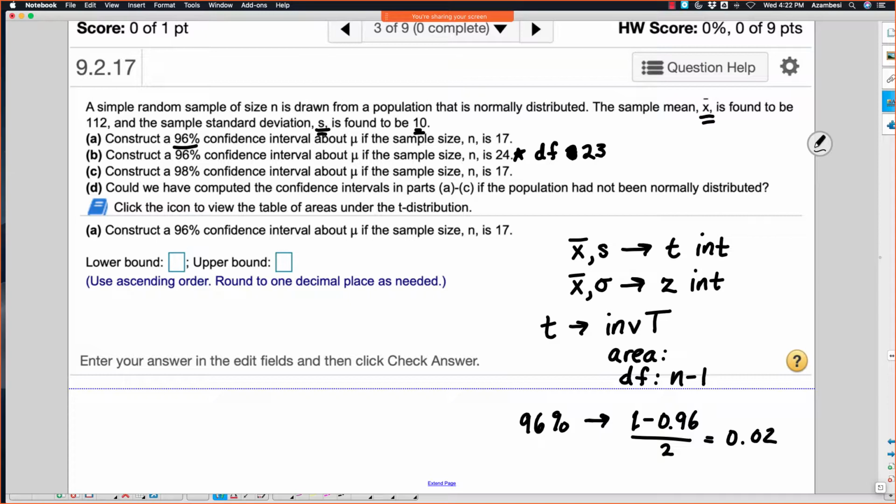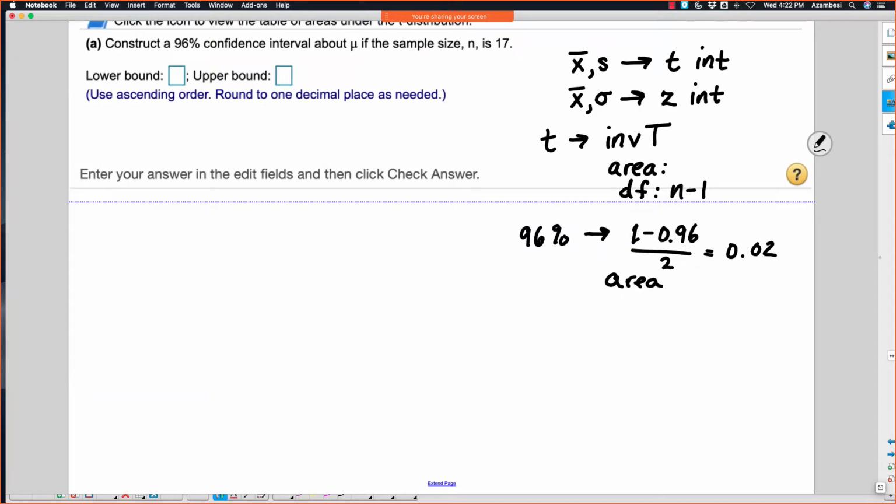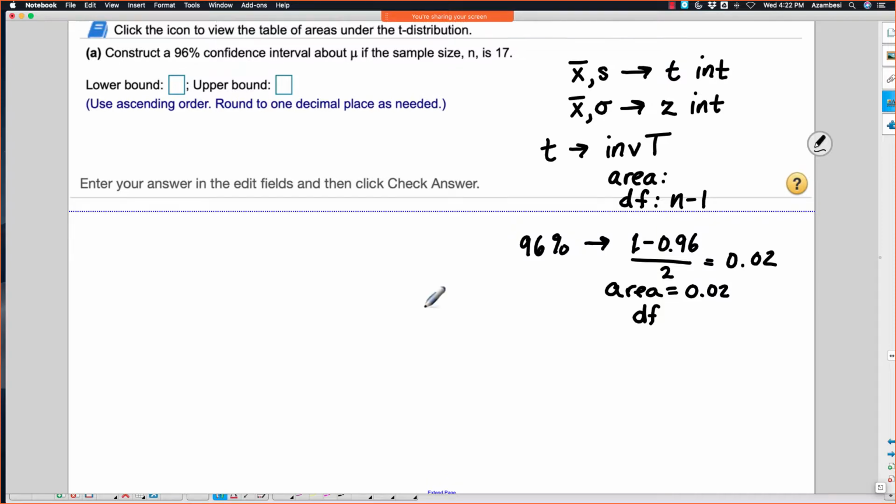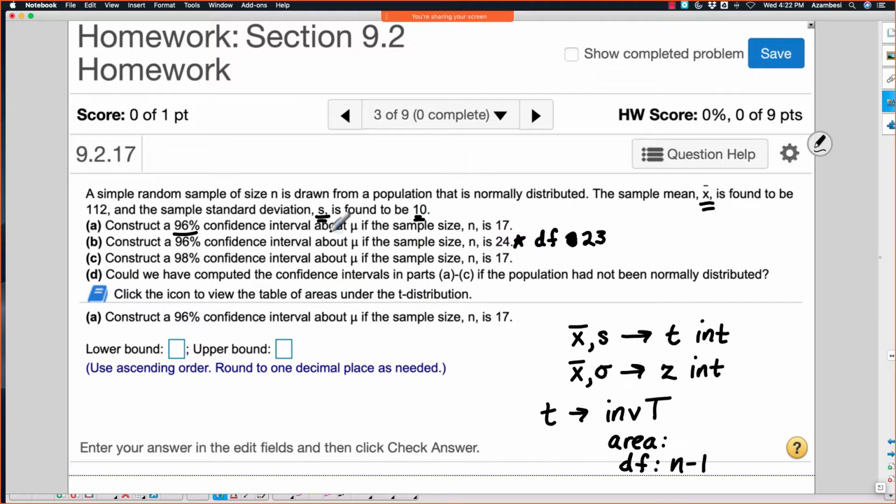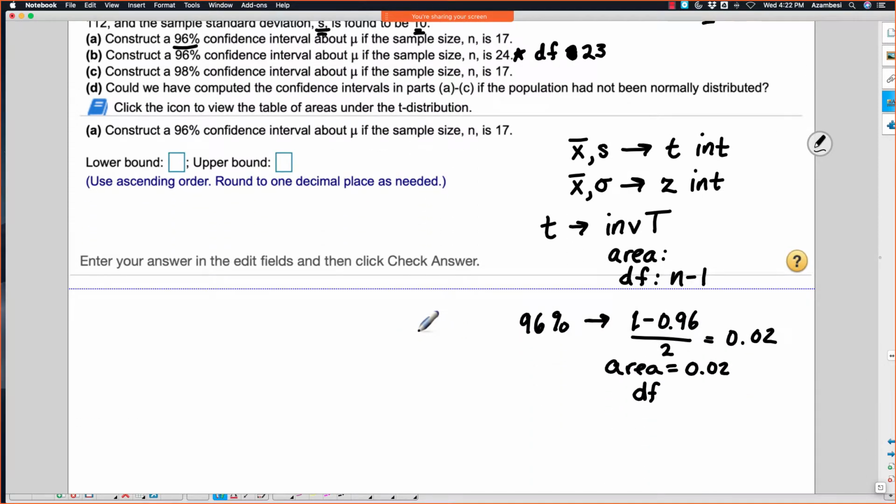So our area is equal to 0.02. Our degrees of freedom, if we're using that first one, degrees of freedom equals 16. So n minus 1 gives me 16. So the t value that I need for that, 0.02, 16 degrees of freedom, would be 2.235.